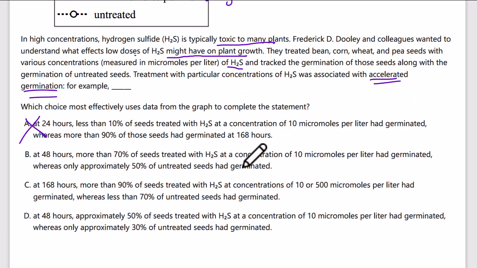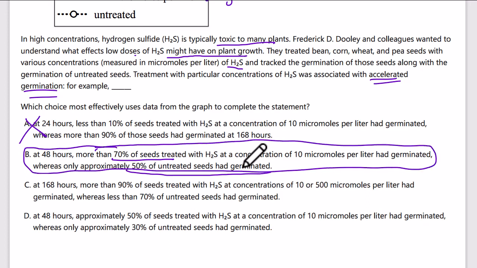The claim is that low dosage, good, high dosage, toxic, okay? So B, at 48 hours, more than 70% of the seeds treated with hydrogen sulfide at a concentration of 10 micromoles per liter had germinated, whereas only approximately 50% of untreated seeds. This shows hydrogen sulfide better than the control case. Is that our claim? Treatment with particular concentrations accelerates germination. That's it. I think that's going to be our answer.